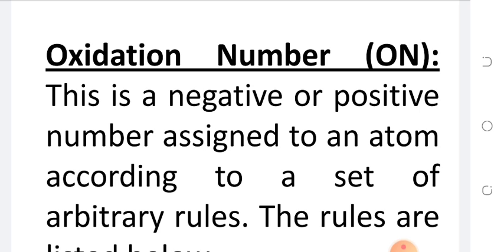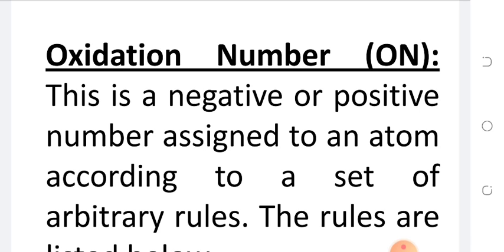Let's take for example group 1 elements. Group 1 elements have a valency of 1. The oxidation number is always +1. Group 2 elements have a valency of 2. The oxidation number is +2. Group 3 elements have a valency of 3. The oxidation number is always +3.